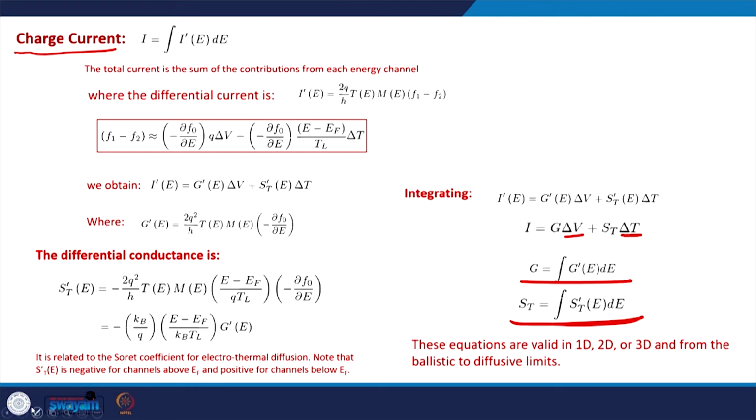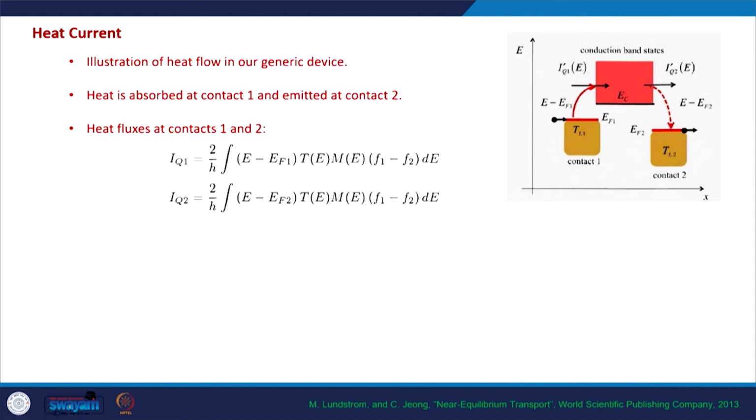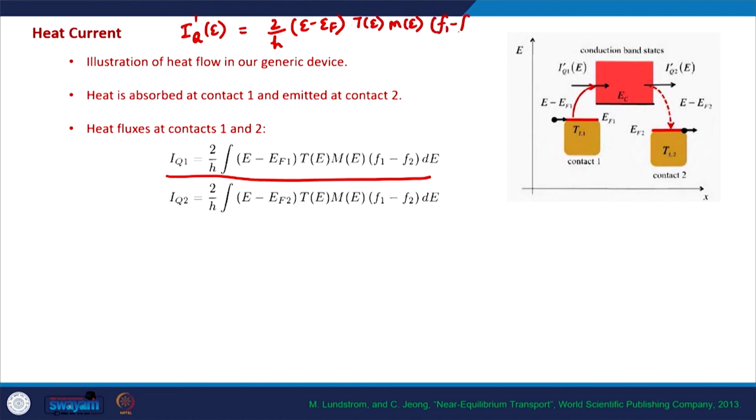So in a similar way, the heat current is defined as all of us know, the heat current from contact 1 is defined as 2 by H, or just to recall, the differential heat current is given as 2 by H times E minus EF into TE times ME times F1 minus F2.